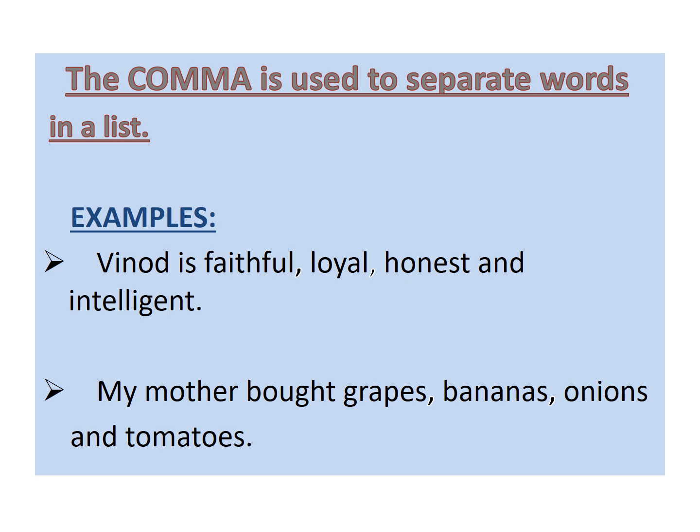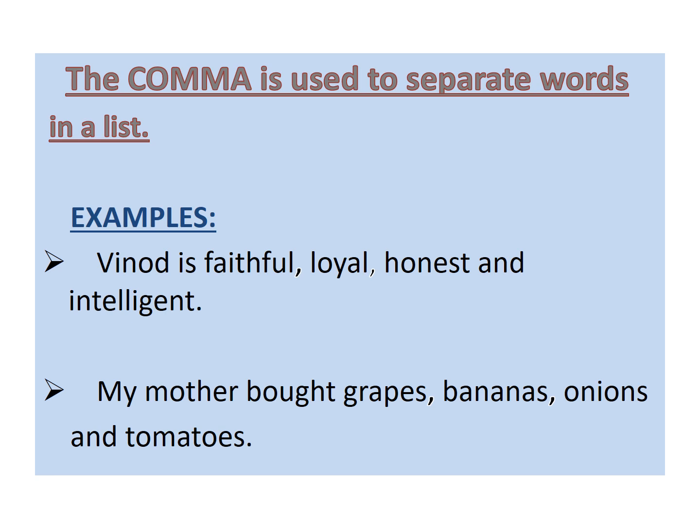The second example is, my mother bought grapes, bananas, onions and tomatoes. Students, there is a list of the items bought by my mother, and we separated these items with the help of comma.